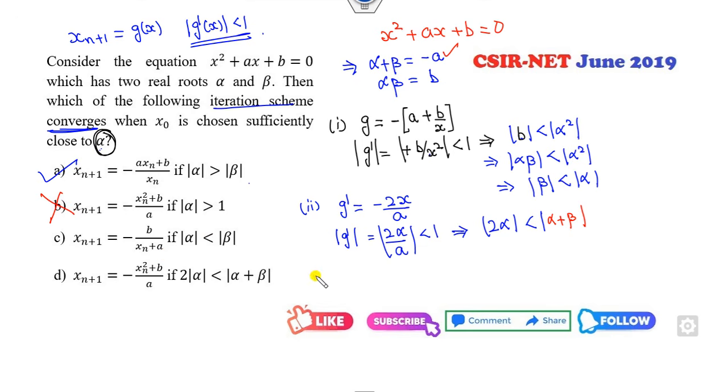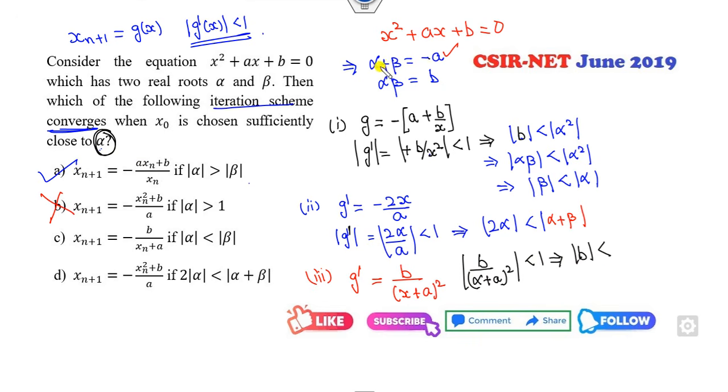Look at the third one. What is g dash? It's minus minus plus b over x plus a whole square. Then I can evaluate g dash at the point alpha. It is b over alpha plus a whole square. It is less than 1, or b is less than alpha plus a whole square.